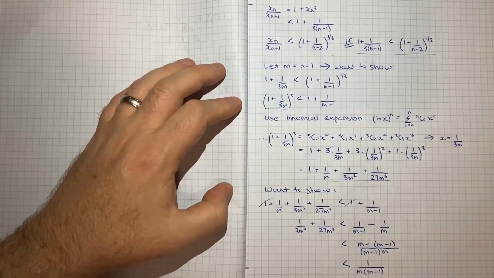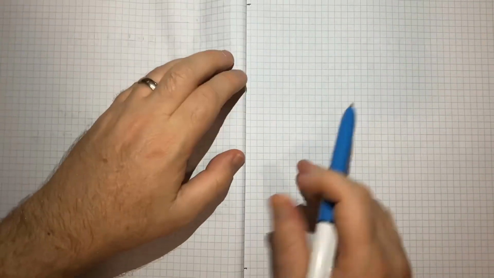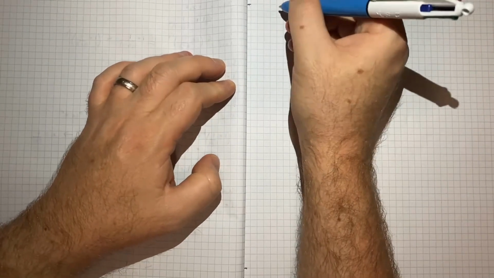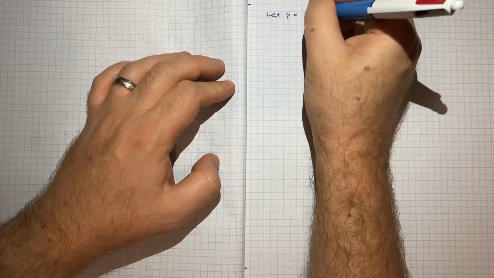Alright, so if I just turn over there, to help with this, I'm going to do another substitution where I let p equal 1 on m squared.